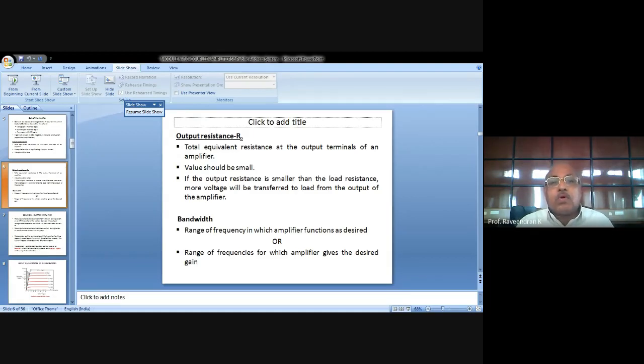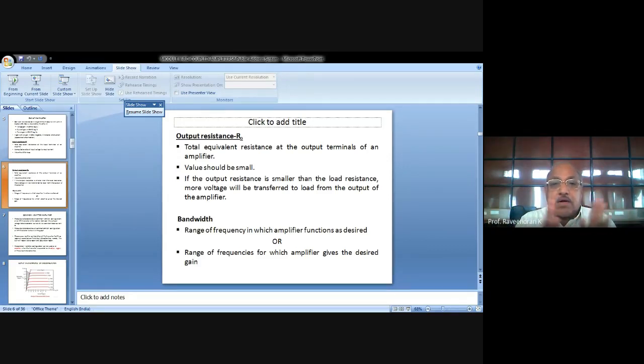So we should know these three regions of operation, out of which we have to see what is the behavior of the common emitter configuration in the active region. Our interest is to know the operation of the CE configuration in the active region of operation of the transistor.